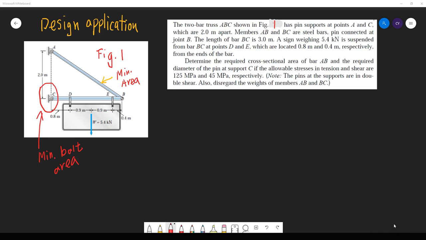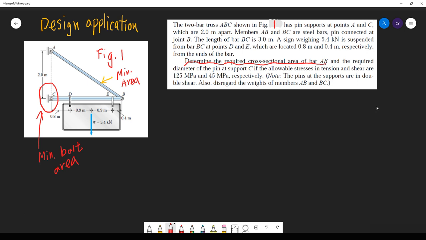Now, welcome back. We start to solve the problem. This is a design problem suitable for your practice because you are engineers. What is the practice we need to do? We should determine the required cross-section area of bar.